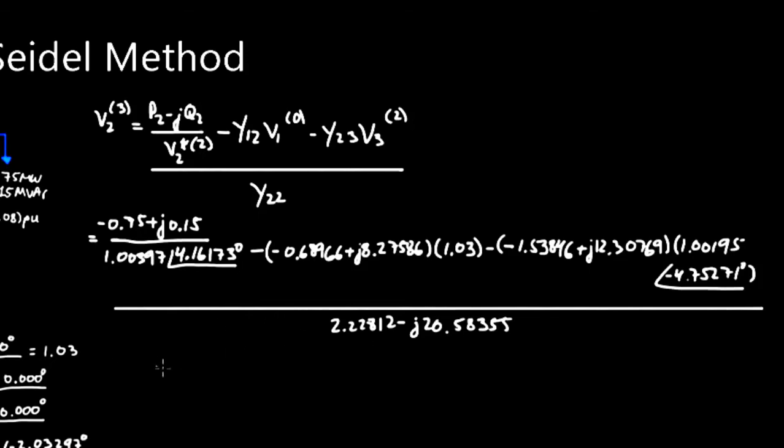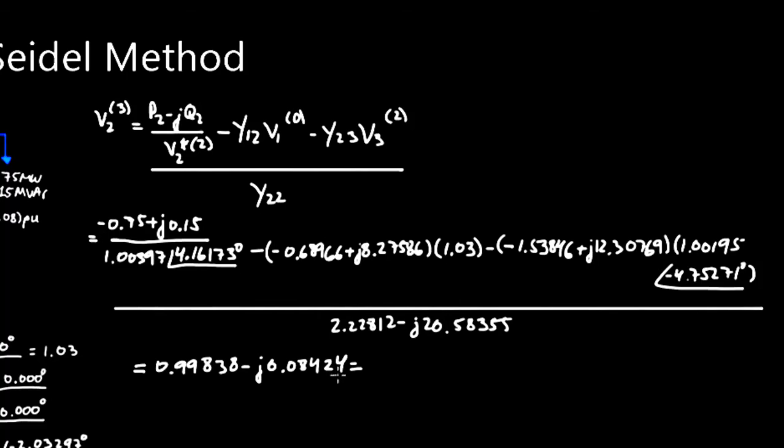Alright, so this is a pretty lengthy equation again. If we calculate all of this, we would get that V2 of 3 is going to be equal to, in rectangular form, 0.99838 minus J 0.08424.